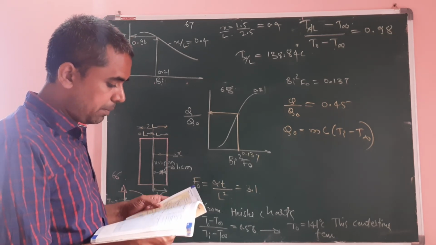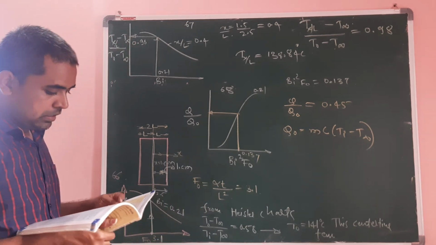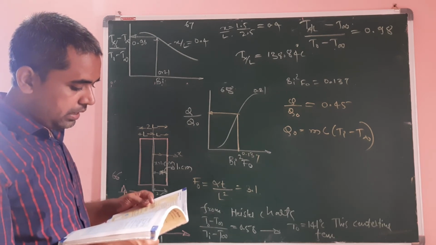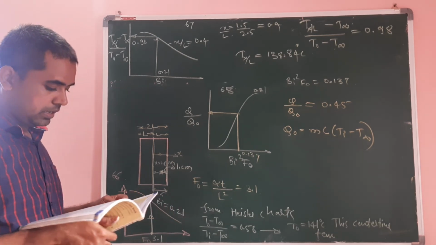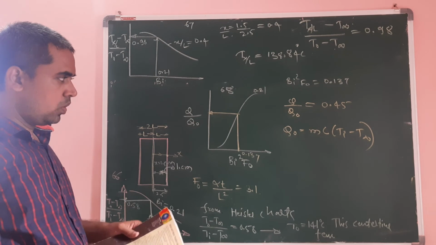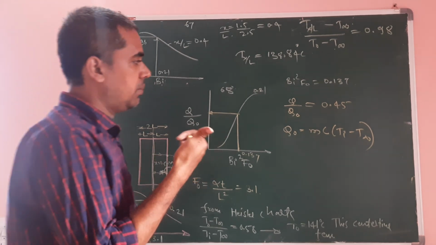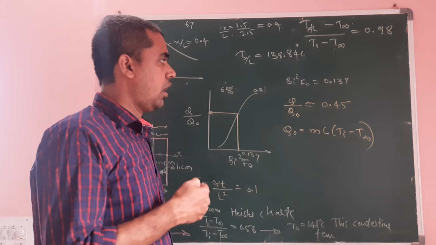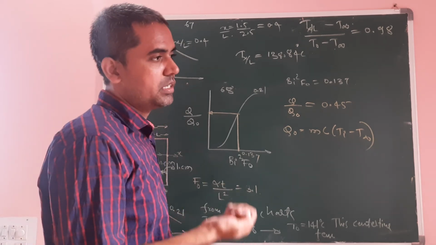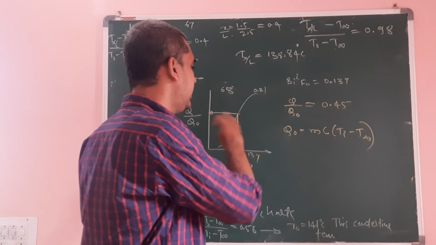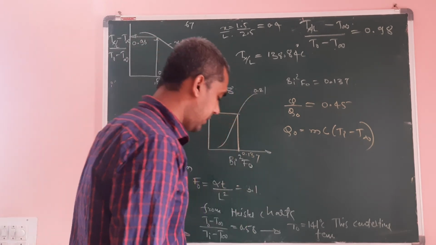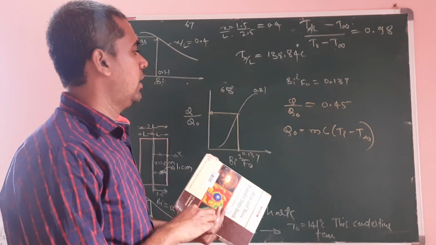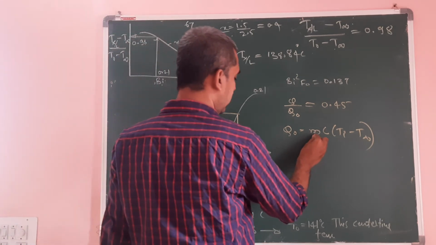Q naught is the heat capacity of the body above T infinity for unit area of the plate. It is how much heat it can absorb above T infinity, that is above the ambient temperature. What is its heat capacity? That is Q naught.